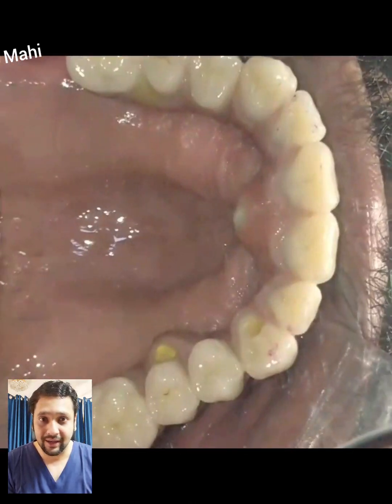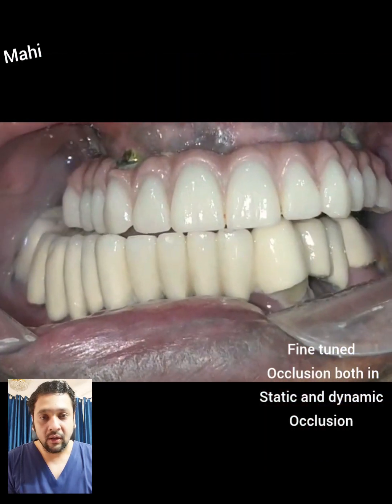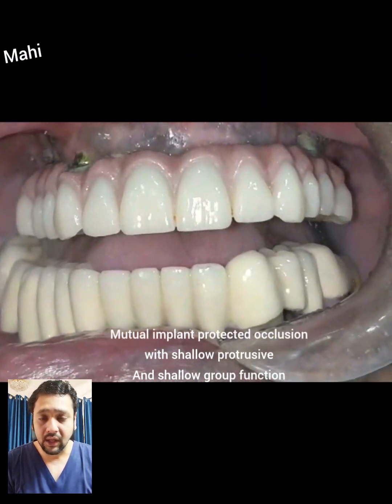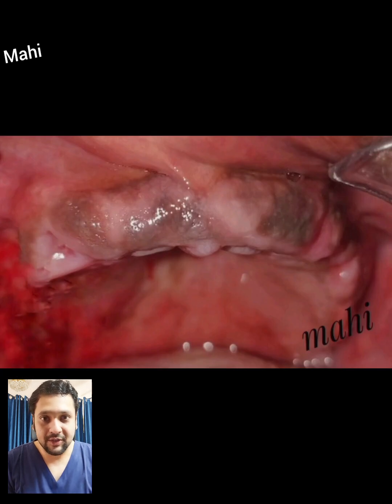So that needs to be corrected first, and then you go with the maxillary bridge or a restoration with occlusion. Here, luckily, the occlusion was fine in the mandible, so it was not a concern for me. I could directly go with the implant placement and restoration.